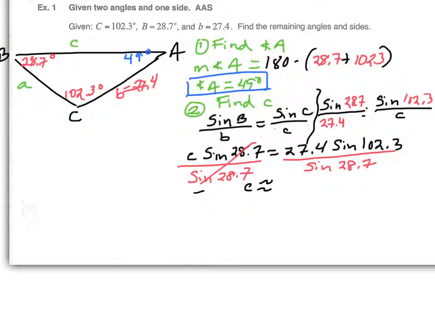Make sure it's in what? What are we putting into the calculator? Degrees. So you want your mode to be in degrees. When you put this into your calculator, you want to type in that 27.4 times the sine of 102.3 and that parentheses. Then you can hit division, or after here you can hit enter and then divide by the sine of 28.7.